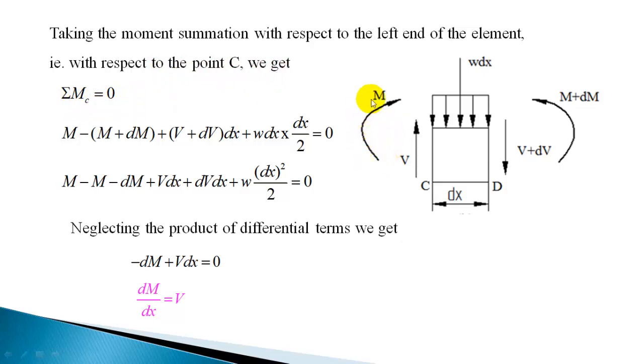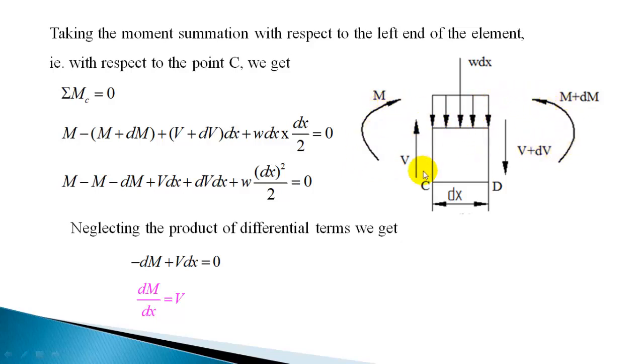So this clockwise moment is plus M, and this anti-clockwise moment is minus (M plus dM). For these moments, you need not consider the distance; directly you can sum up plus M minus (M plus dM).